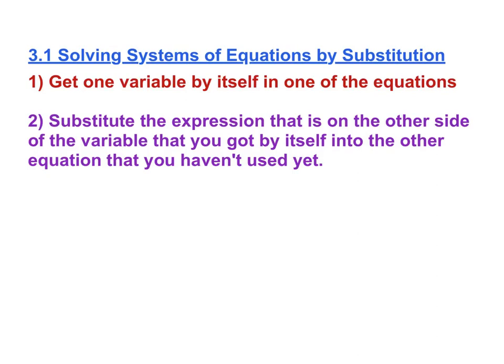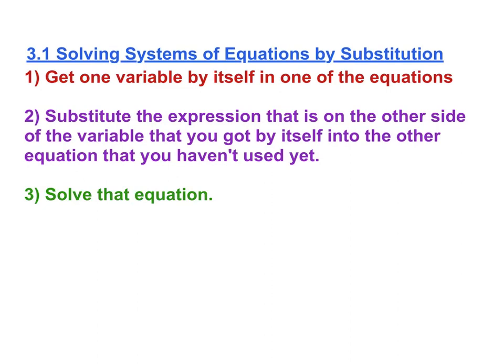So the next step is, now that you've plugged that other side of the equation into the second equation, you have one equation with one variable. Okay? And you just have to solve that equation now. When you've taken that other expression and substituted it into the other equation, you have to now solve that equation.